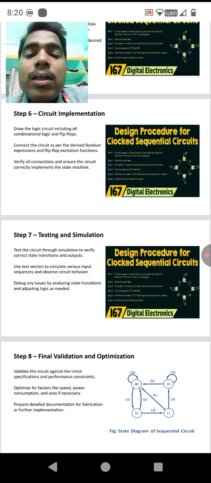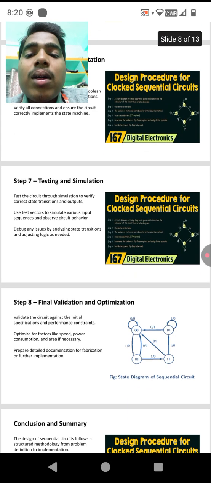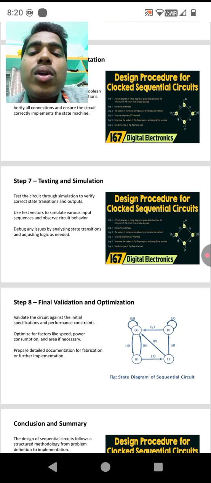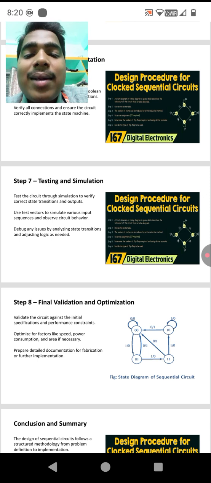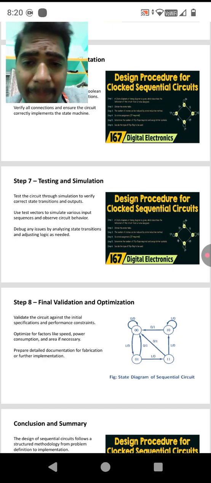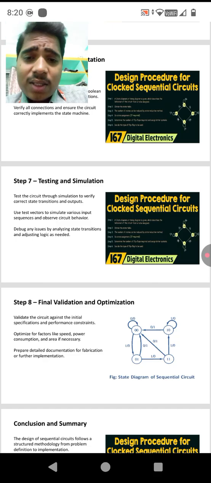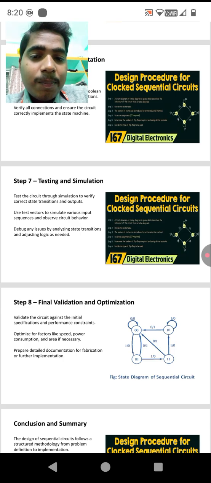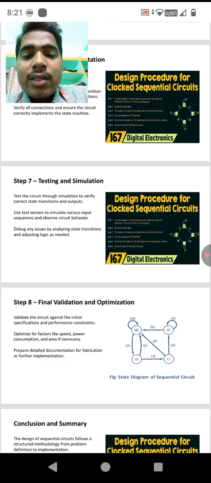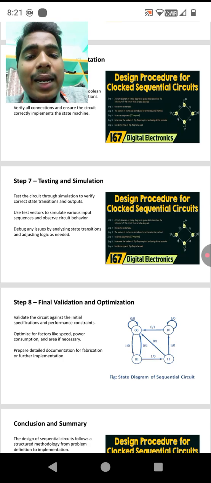Step 7, testing and simulation. Test the circuit through simulation to verify correct state transitions and outputs. Use test vectors to simulate various input sequences and observe circuit behavior, and debug any issues by analyzing state transitions and adjusting logic as needed.